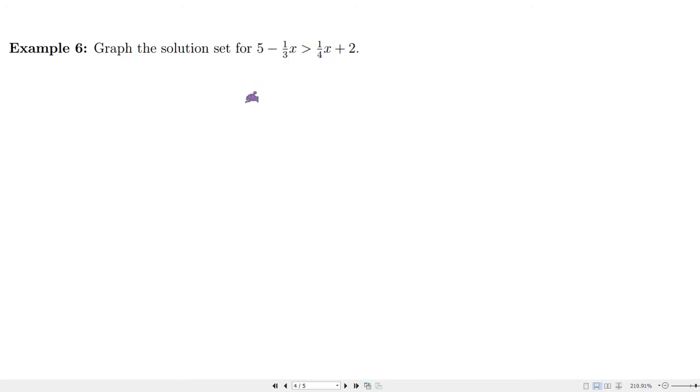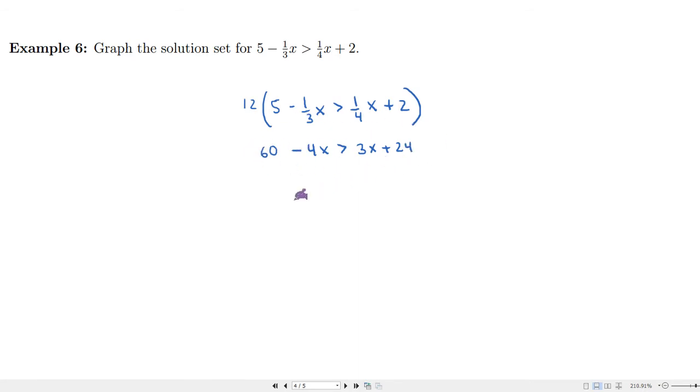So if I multiply both sides by 12, what happens? Okay, so we get 60 minus, so 12 times a third, that's 12 divided by 3, so that's 4x is greater than, and 12 times a fourth, that's 12 divided by 4, which is 3x, and 12 times 2 is 24.